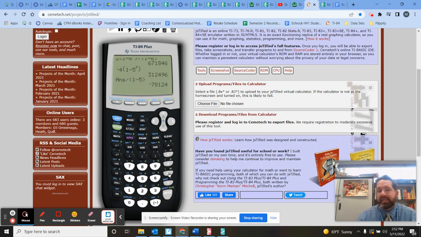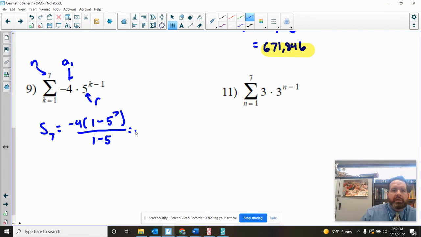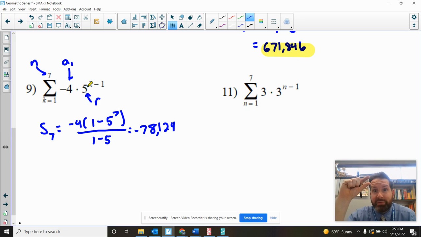We end up with negative 78,124. Again, this is a pretty big number. That's because my multiplier is 5. We're going up by powers of 5. Those get very big very fast. The further away from 1 your number is, the faster you're going to grow. Or if it gets to be a fraction, the further away from 1, the quicker you go down and come together.